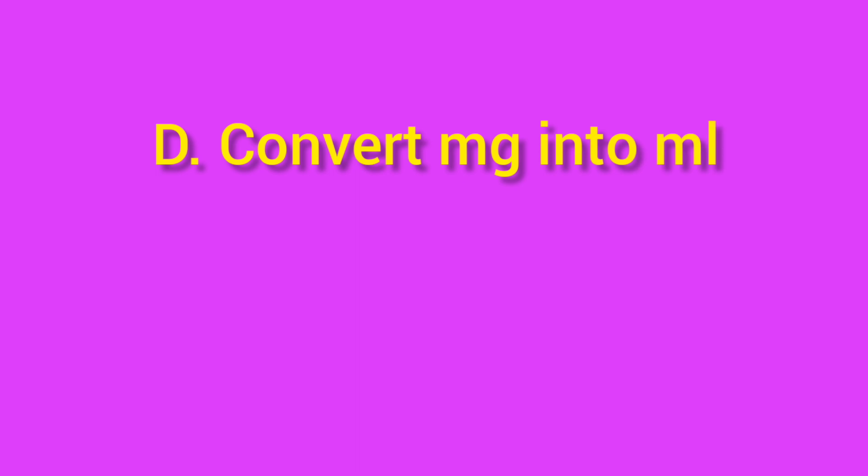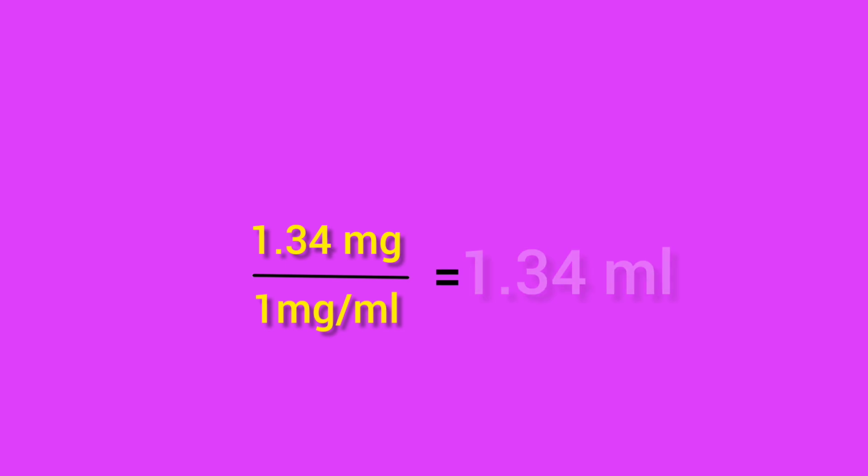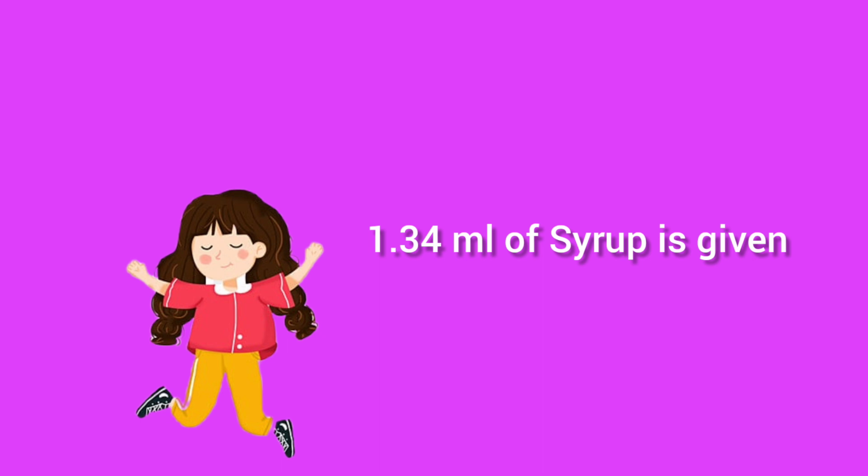Now let's finally convert the dose obtained in mg into ml. 1.34 mg divided by 1 mg per ml, which is equal to 1.34 ml. So finally, the 4-year-old girl who is weighing 37 pounds and 97 centimeters tall is to be given 1.34 ml of the solution having a concentration of 1 mg per ml.